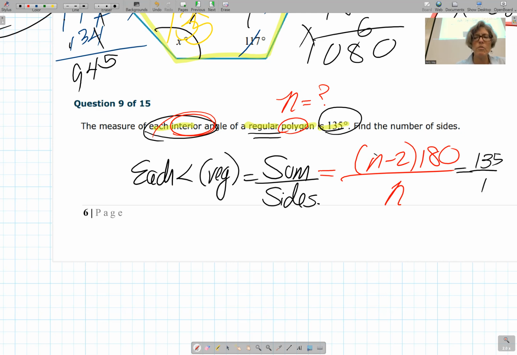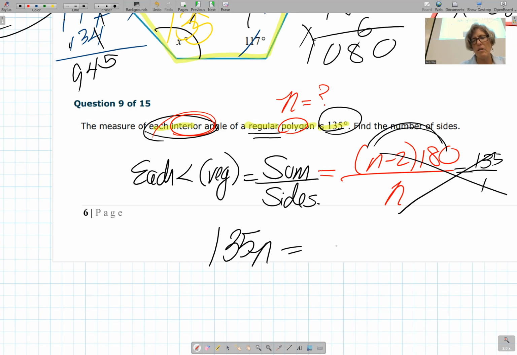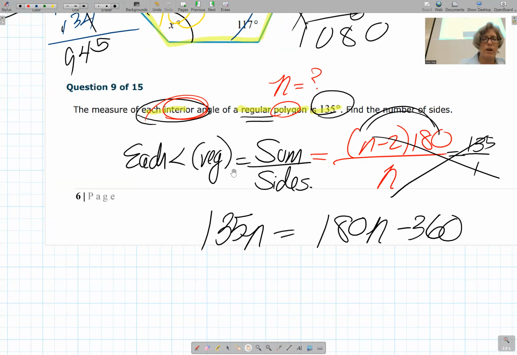Pop that over 1. We're going to cross multiply. So we have 135n. I'm going to distribute that 180. 180n minus 360. Your goal is to solve for n here.